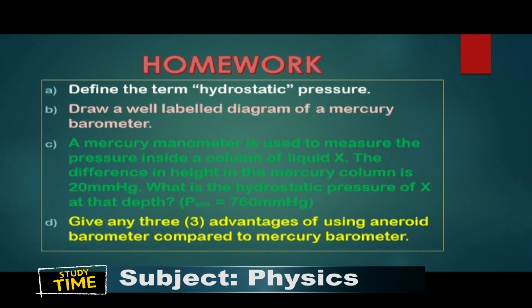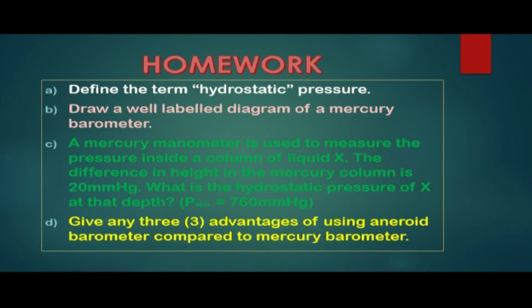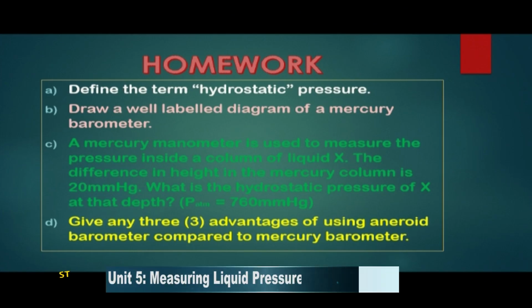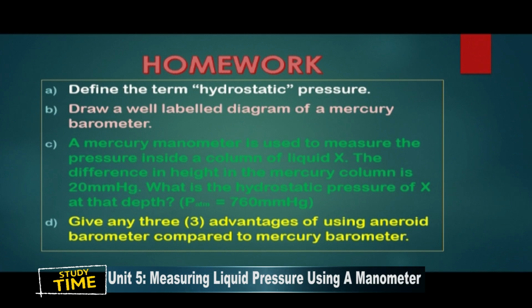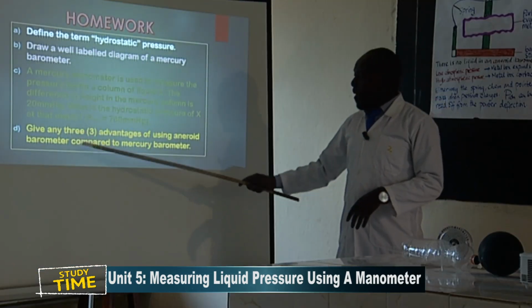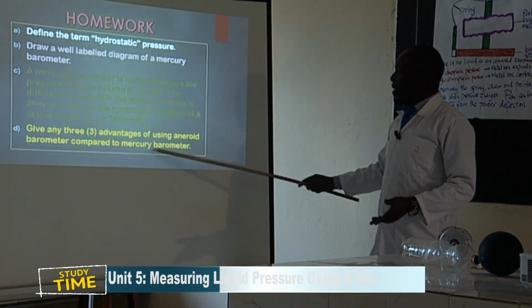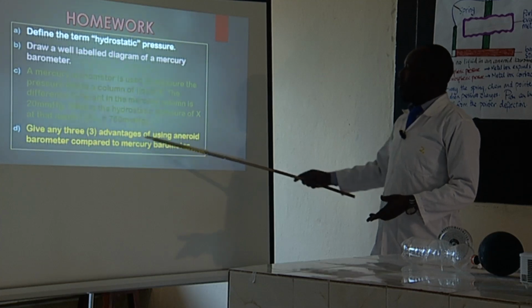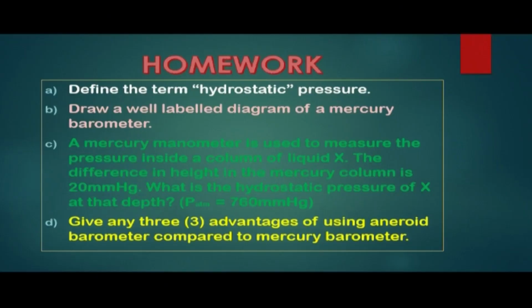The difference is 20. What is the hydrostatic pressure of X at that depth? If the atmospheric pressure is 760 millimeters of mercury. Okay? Should be able to be comfortable with that. Then lastly, give any three advantages of using aneroid barometer compared to mercury barometer.